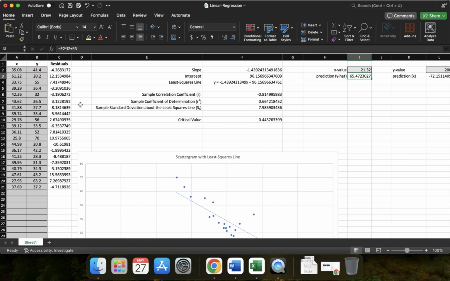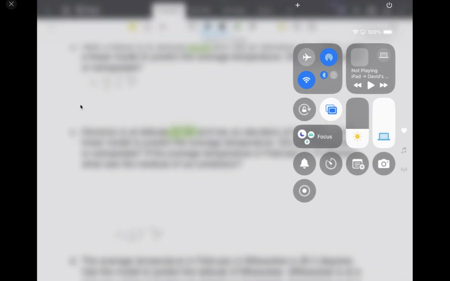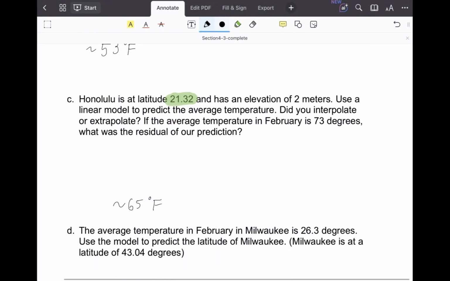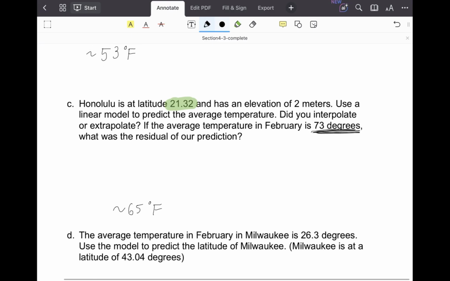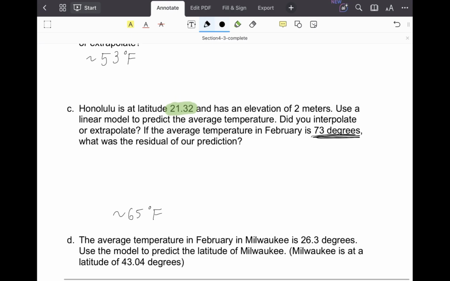And it has another question on here asking how good the prediction is. So it says if the average temperature in February is actually 73 degrees, what was the residual of our prediction?